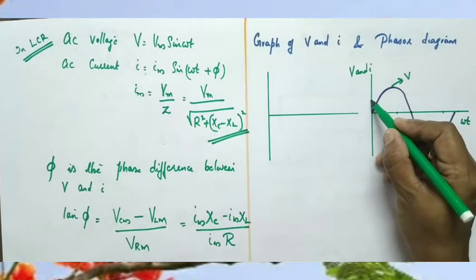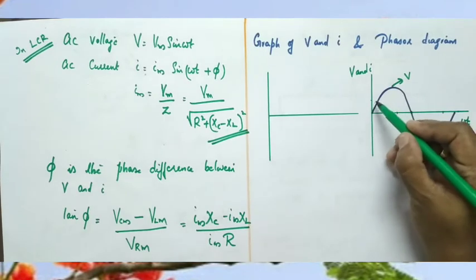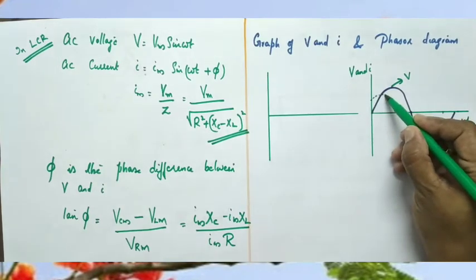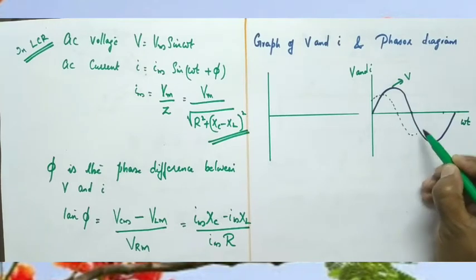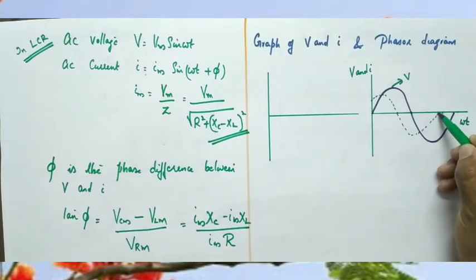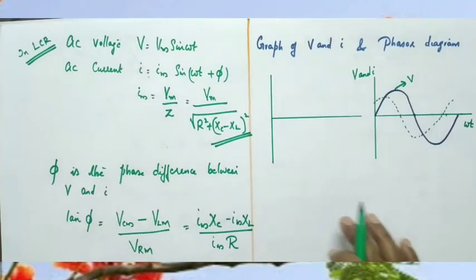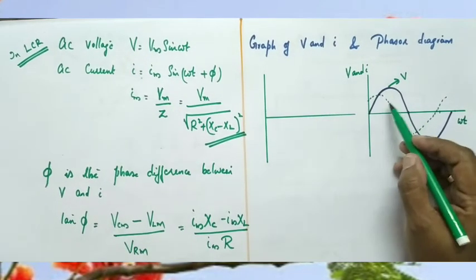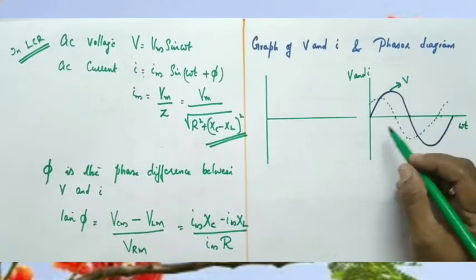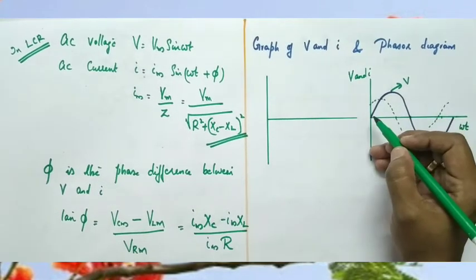So this is the graphical representation of current. This dotted line represents current.